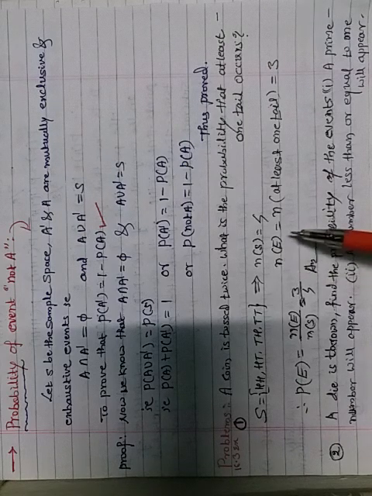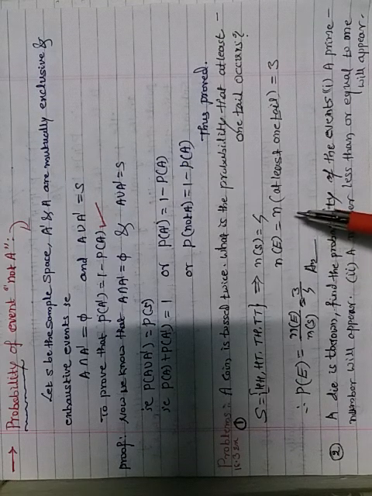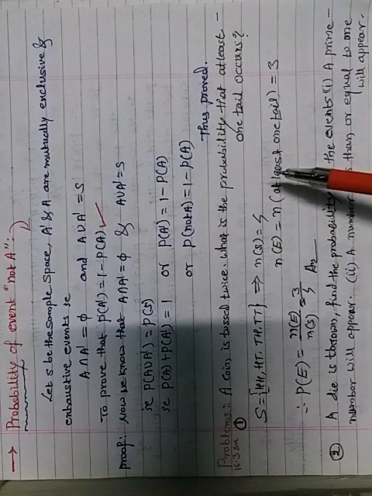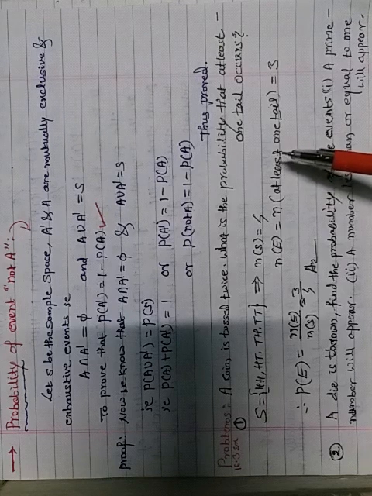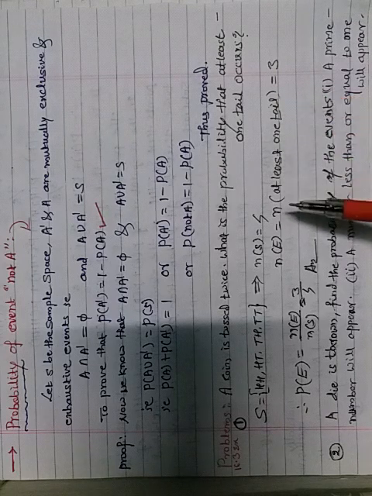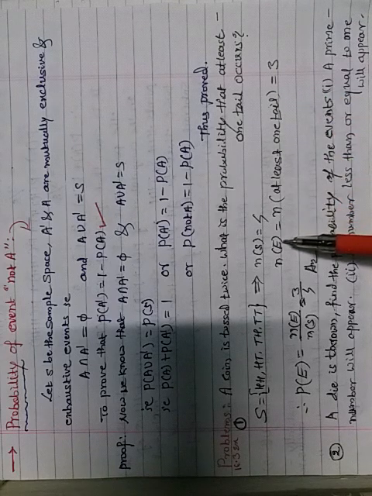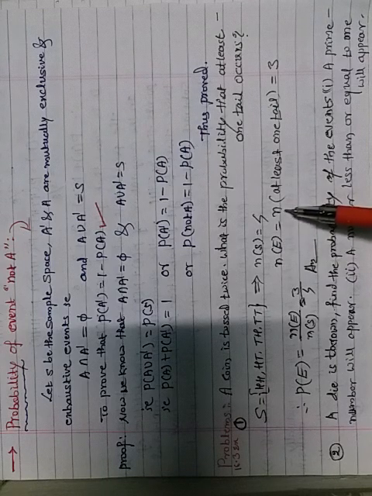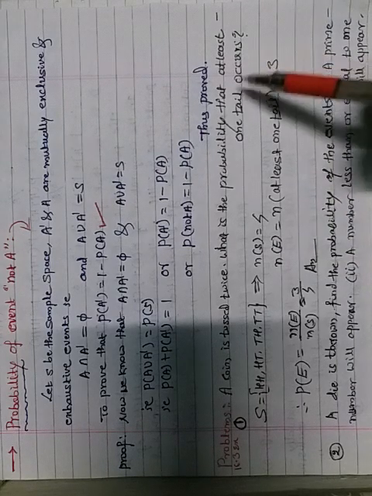And n of E is the required number of favorable events, that is, n of E equals the number of outcomes where at least one tail occurs.